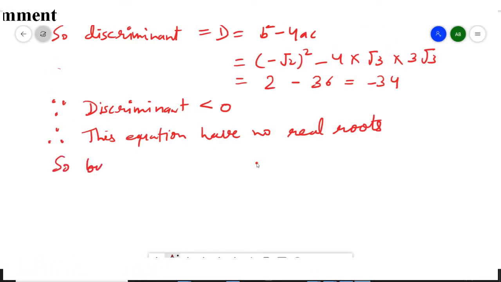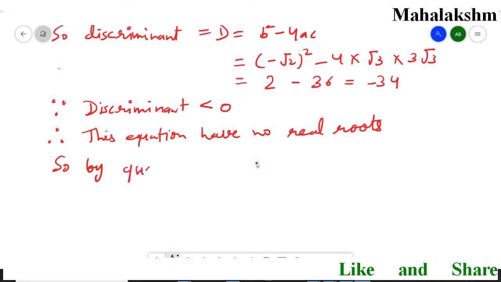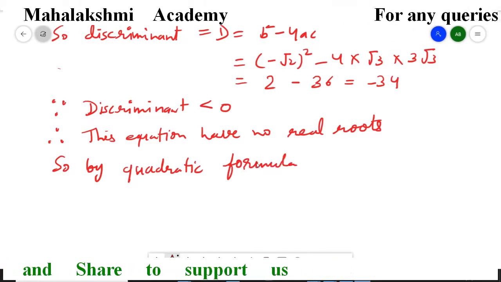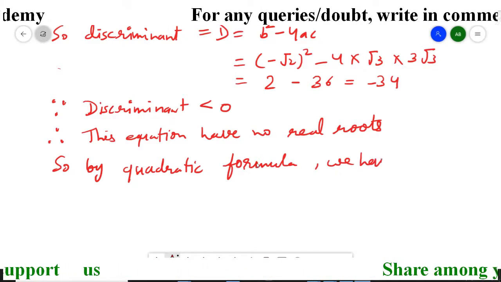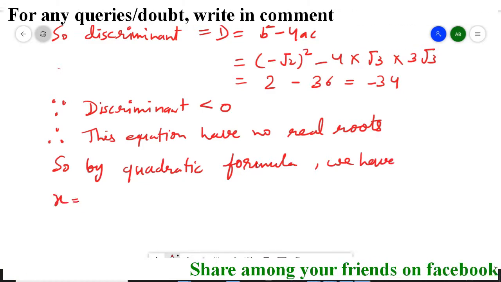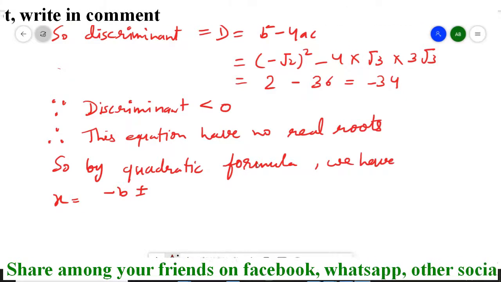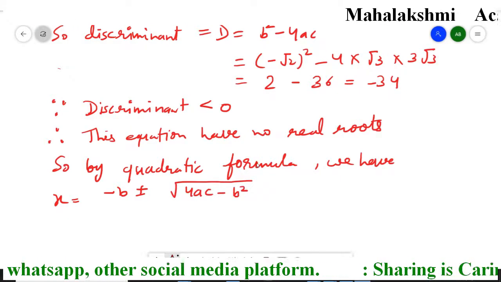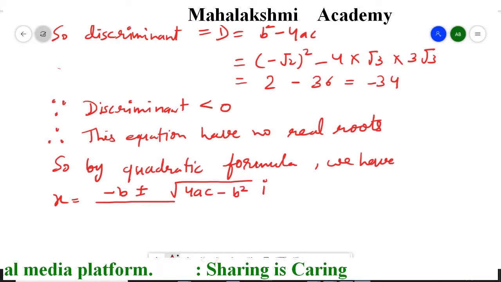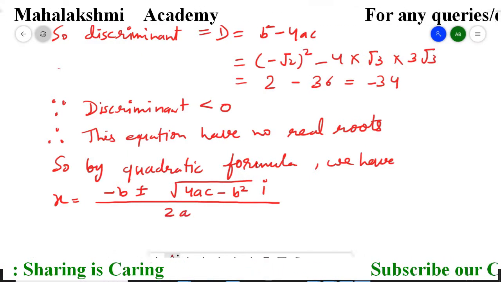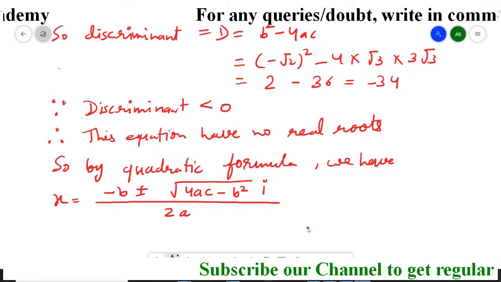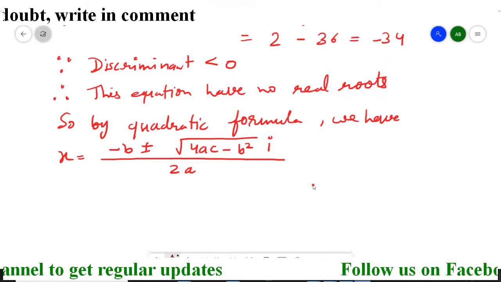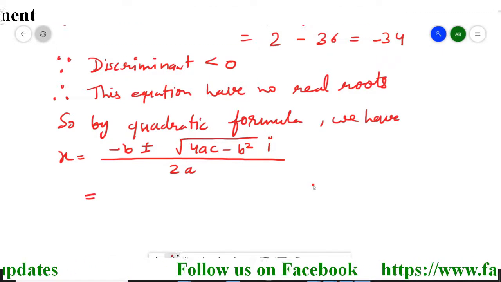So by quadratic formula, we have x is equal to minus b plus minus square root of 4ac minus b square iota whole divided by 2a. Now we'll replace the values here. So when we replace the values, we are going to get minus b.